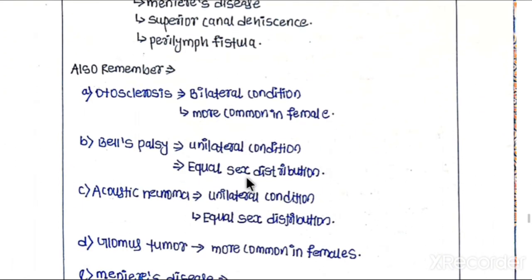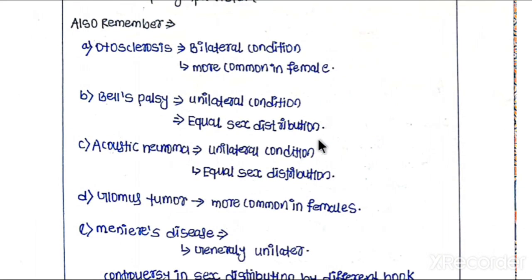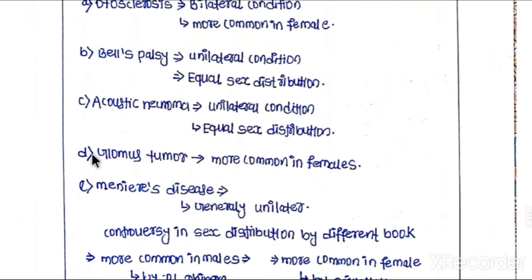We can also remember the laterality and whether it is common in males or females. Otosclerosis, generally it is bilateral and more common in females. Bell's palsy is unilateral and equal in both sexes. Acoustic neuroma is a unilateral condition and it is also equal in sex distribution. Glomus tumor is more common in females.